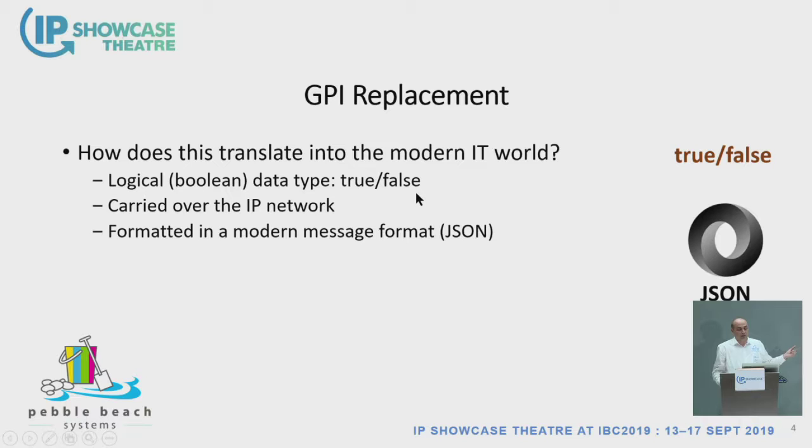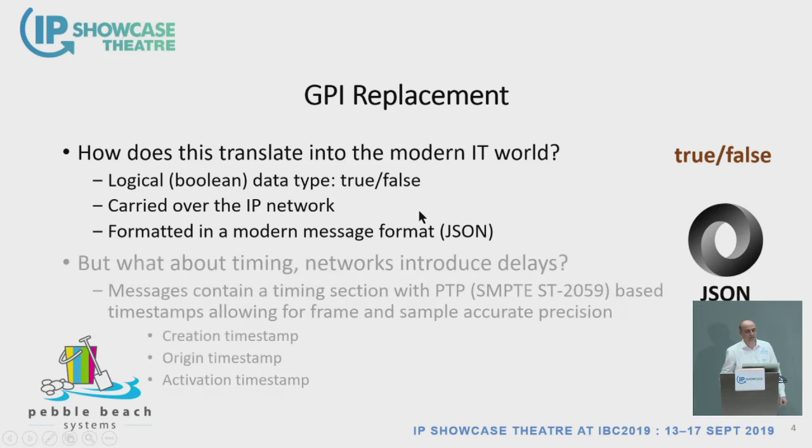There it was on-off in terms of the electrical signals, so it's now true-false in terms of Boolean variables. And while it was carried over dedicated cables previously, it is now carried over the IP network. When you do something like that, you need to have a format for the messages, and JSON was selected as the message format for the standard.